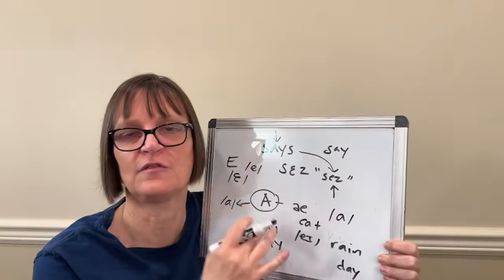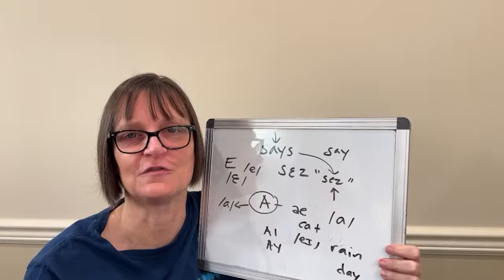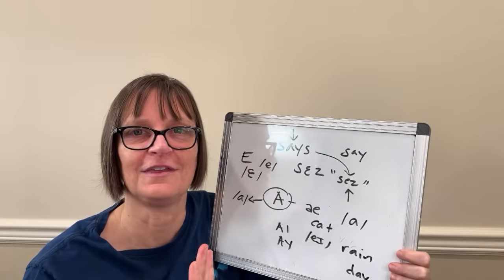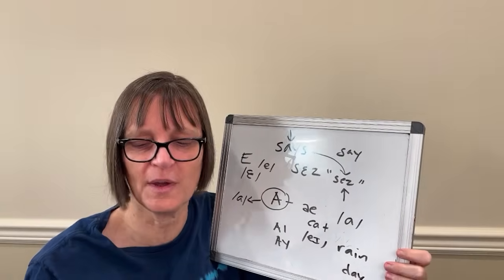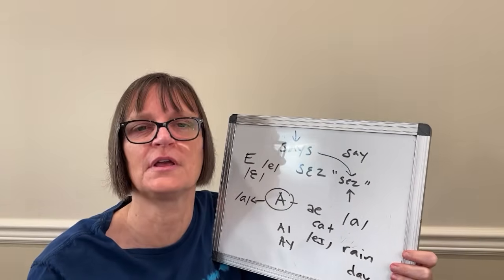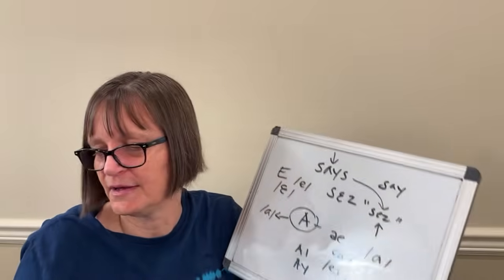So learning what the typical spelling patterns are, and then there's a lot of memorization for learning the exceptions to the rules. So having a way to think of the sounds in the word as separate from the letters in the word can be really helpful.